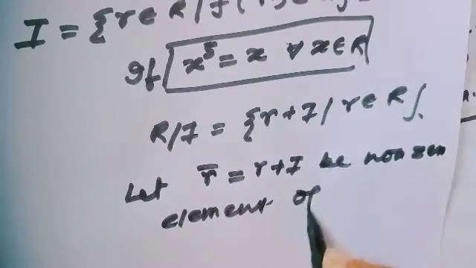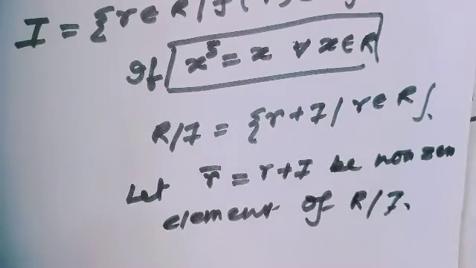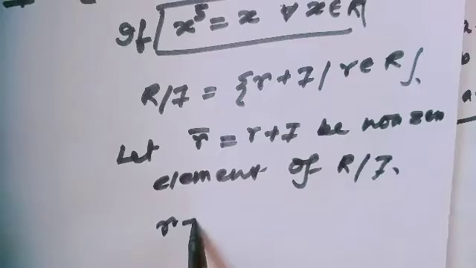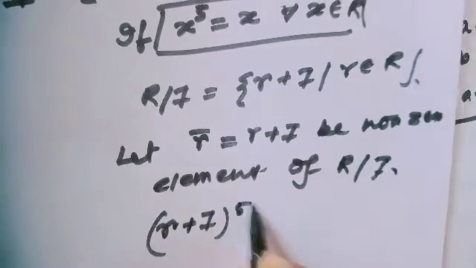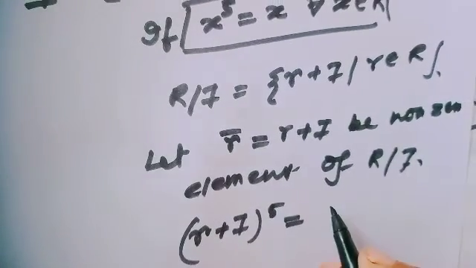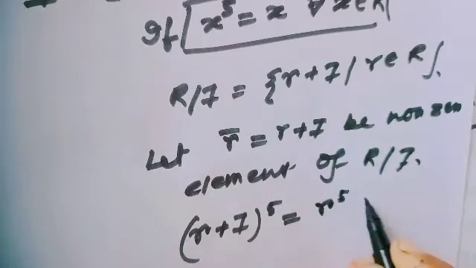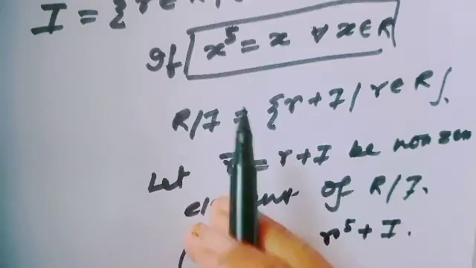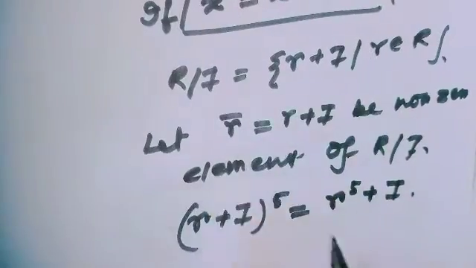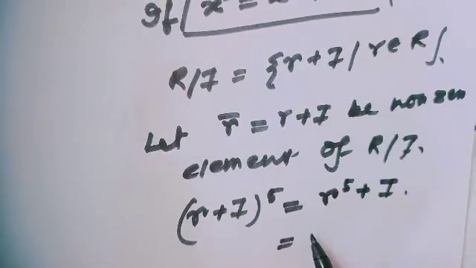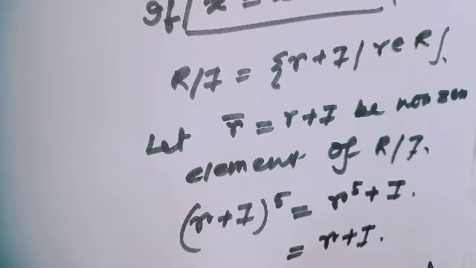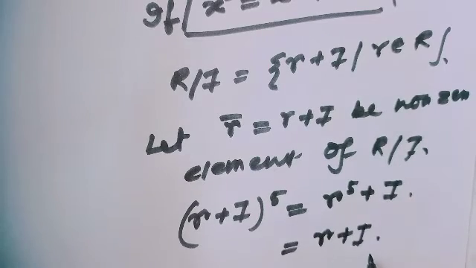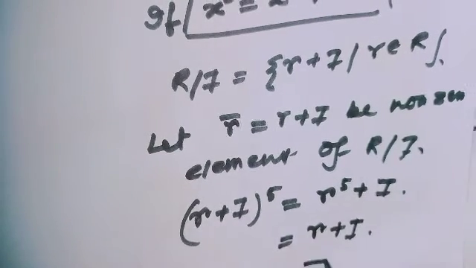a non-zero element of R mod I. So, consider R plus I to the power 5, which, by the property of ideal, is equal to R to the power 5 plus I, and by the condition we can write it easily: R to the power 5 means R plus I. Therefore, R plus I means R bar.